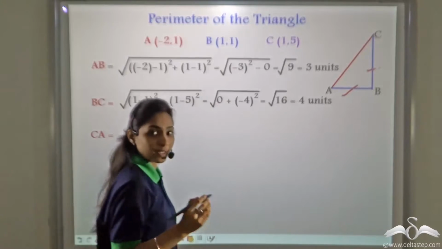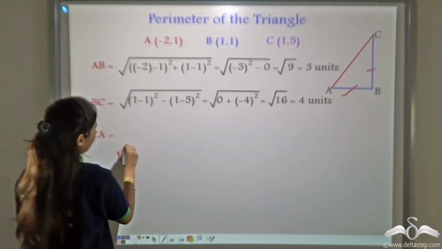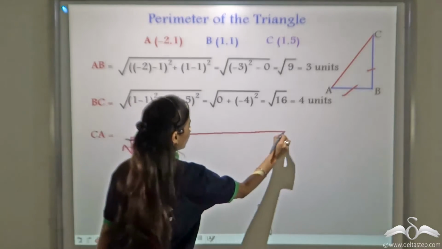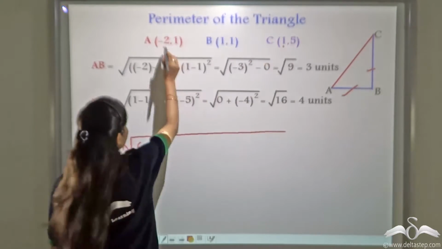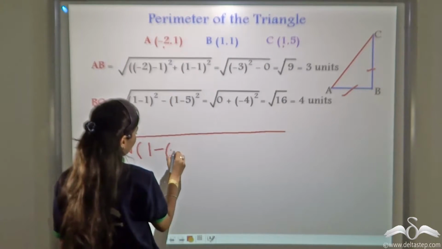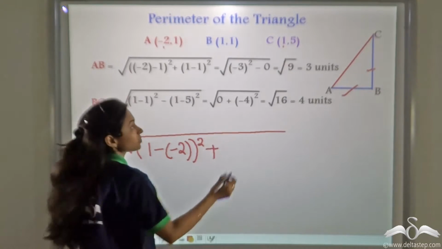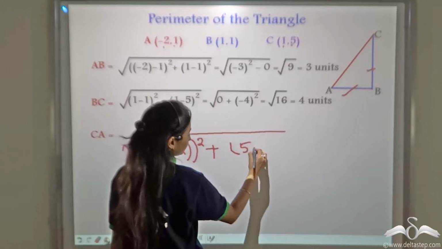Now in order to complete the perimeter of the triangle, we need AC. So let's find AC, or you may call it CA. Root over (x2 minus x1), so (1 minus minus 2) whole square, plus (y2 minus y1), so (5 minus 1) whole square.